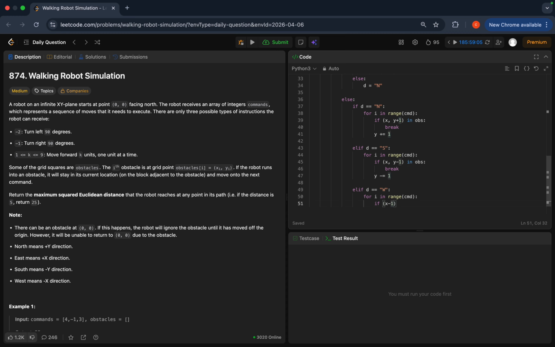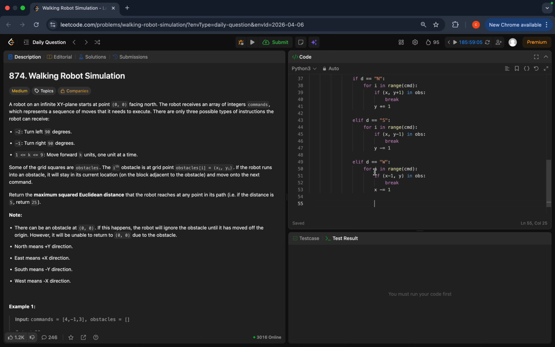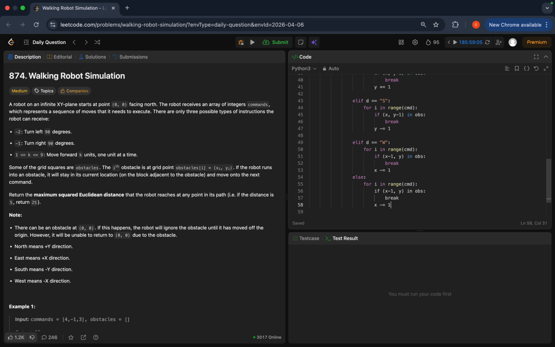So x and y in obstacle, then what happens is you break, else you decrement x because of the negative coordinate by 1, right? So the last part, let me copy it. Else what happens is you increment, and you increment by 1, and now this is done.